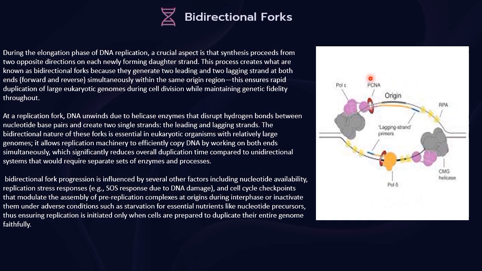And if we divide it in half, then we will create two replication forks. The first one is this, and the second one is this. And as you can see, in both the replication forks, the elongation process is occurring simultaneously on both the ends, that is on the upper strand and on the lower strand. And this generates two leading strands and two lagging strands.